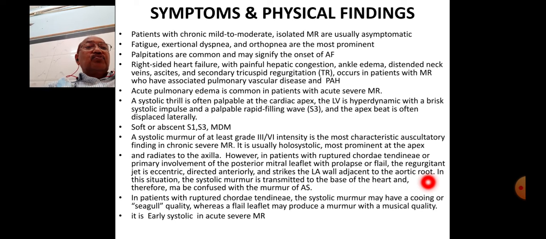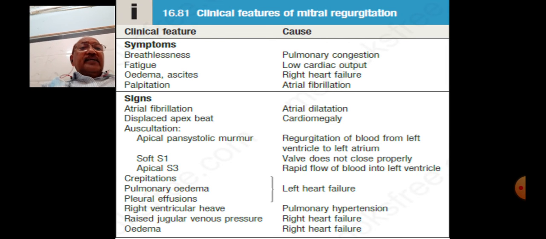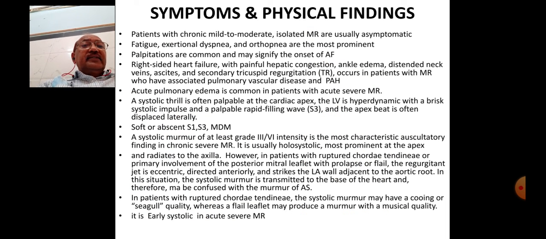However, in patients with ruptured chordae tendineae or primary involvement of the posterior mitral leaflet with prolapse or flail, the regurgitant jet is eccentric, directed anteriorly, and it strikes the LA wall adjacent to the aortic groove. In this situation, the systolic murmur is transmitted to the base of the heart and therefore may be confused with the murmur of aortic stenosis.